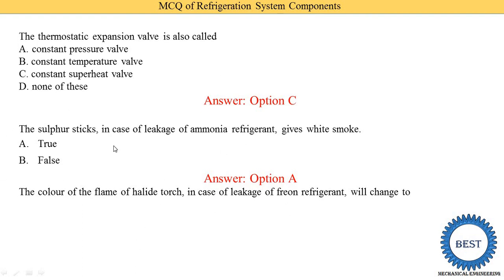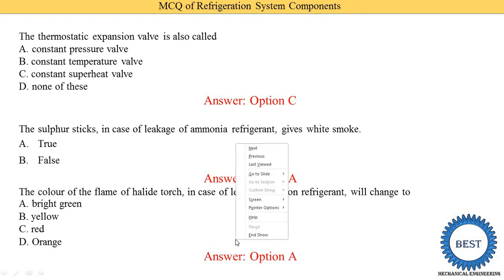When ammonia comes, we use sulfur sticks. The color of the flame of the halide torch in case of leakage of freon refrigerants will change to bright green, yellow, red, or orange. The answer is option A, bright green.